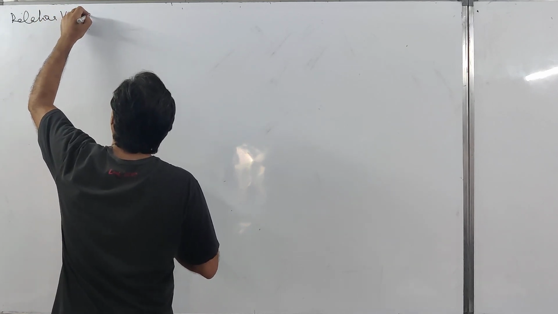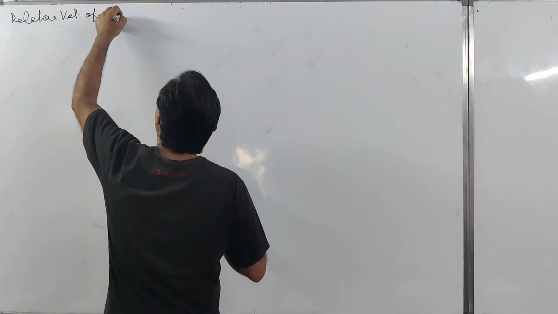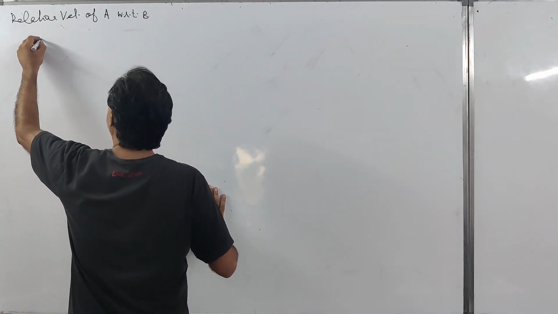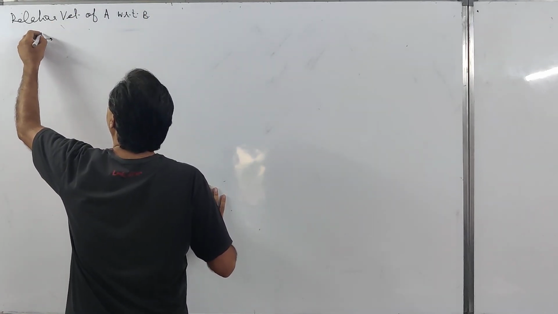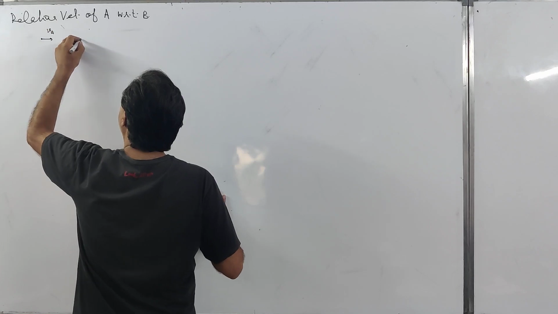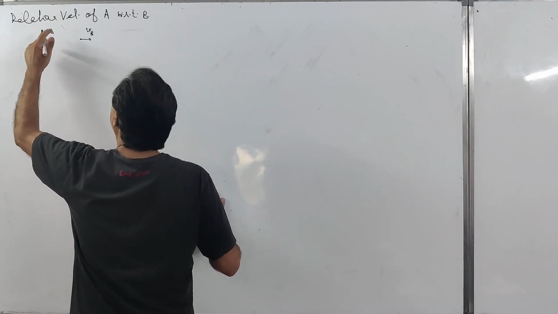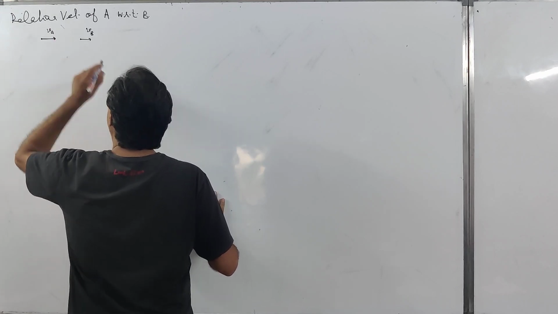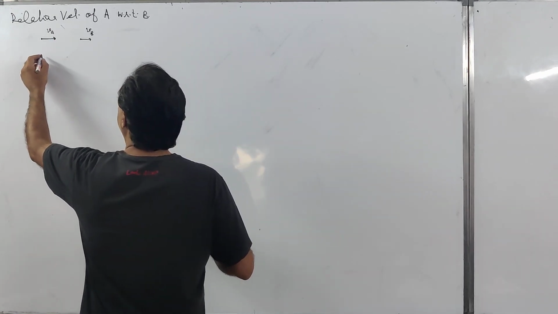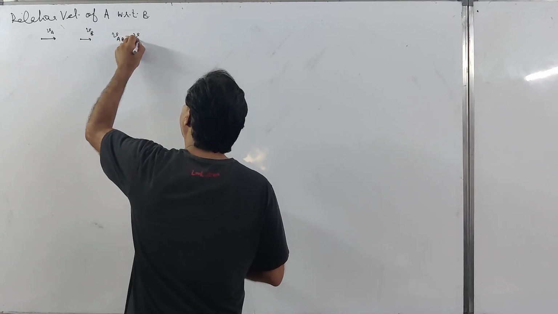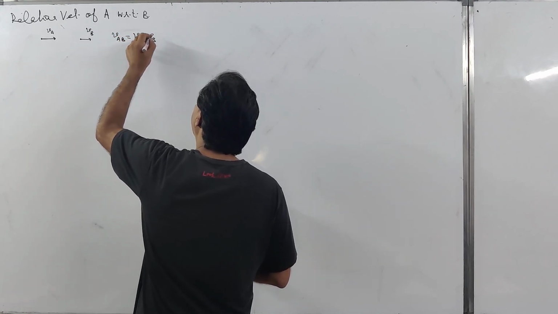Relative velocity of A with respect to B, VA, VB. Let's make the vector a little bigger. VAB is given by VA minus VB.